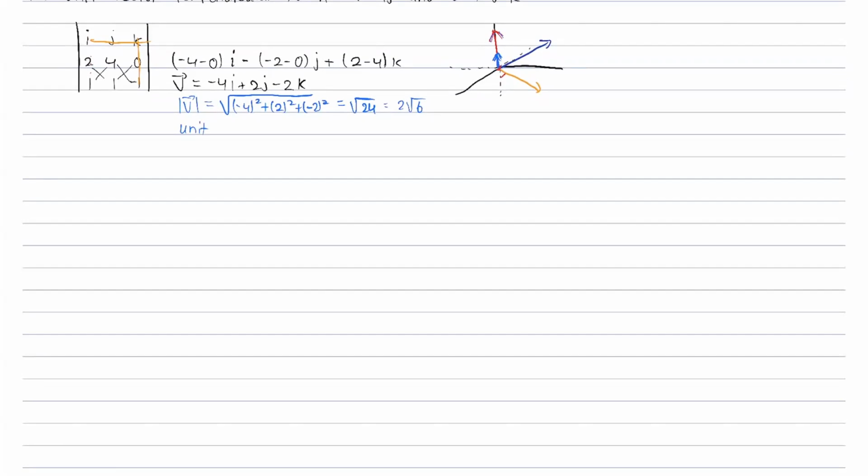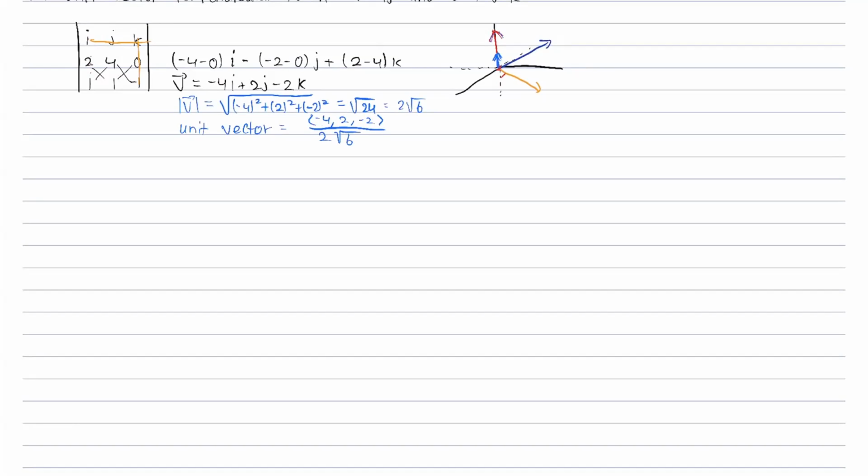Now the last step to find our unit vector is dividing the cross product that we just found by its magnitude. So I'm just going to write it in vector notation here. Divide by 2 times the square root of 6.